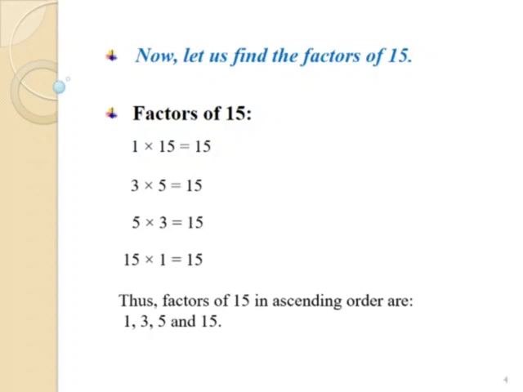Students, remember that 1 and the number itself are the two definite factors of a number. Also, the smallest factor of any number is 1 and the biggest factor is the number itself.